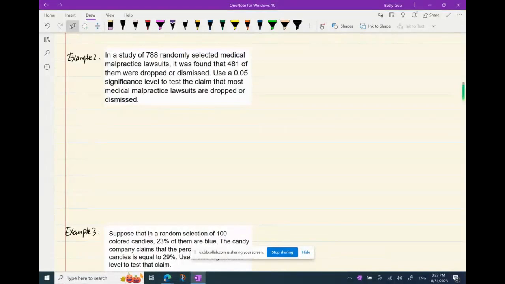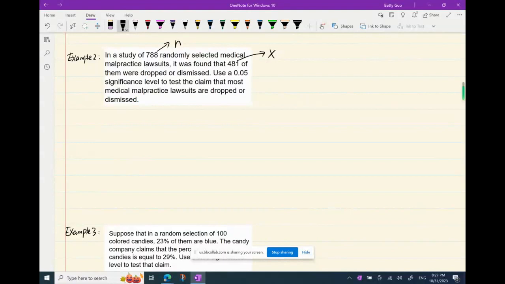Example 2. In a study of 788 randomly selected medical malpractice lawsuits, it was found that 481, so this is n, this is x, 481 of them were dropped or dismissed. So here we see a lawsuit being dropped as success, so the number of successes is 481.